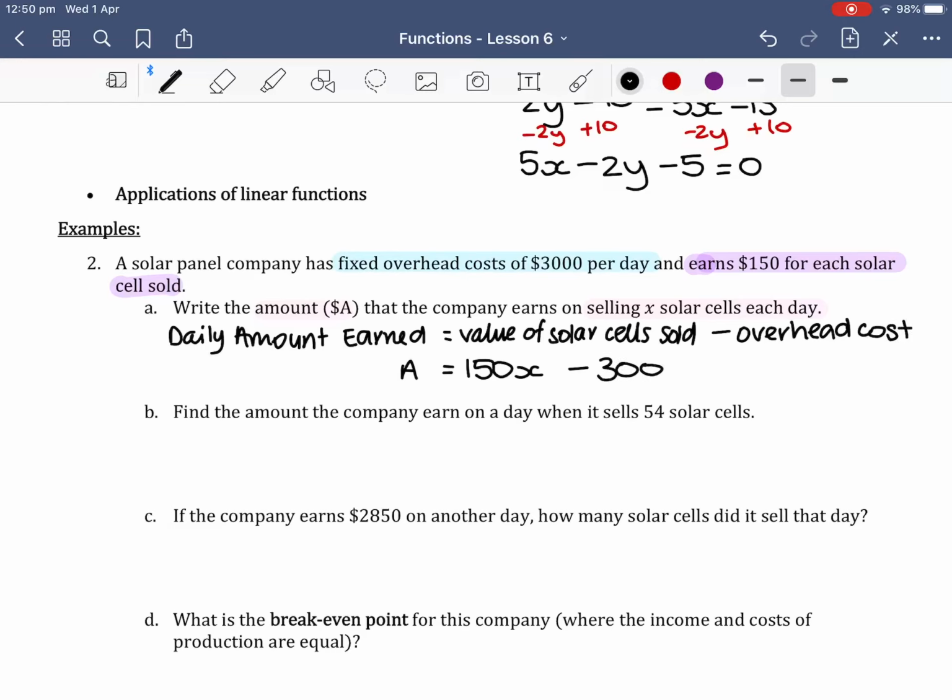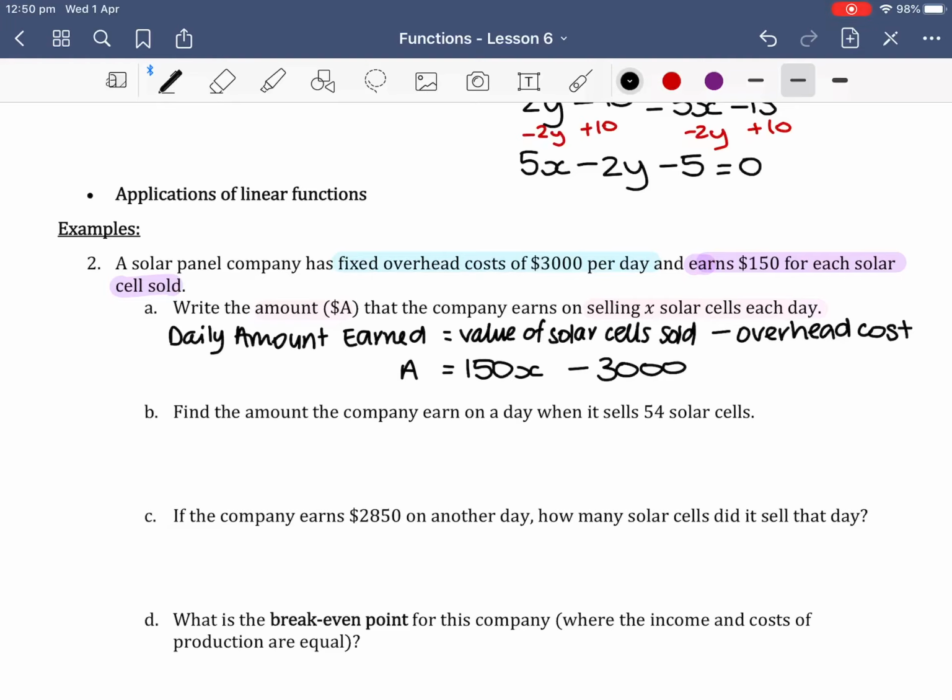So each day it costs $3,000. And that is the amount that the company earns on selling X solar cells each day. So for every cell sold, they earn $150, so X times $150, but we have to subtract the overhead costs that they have to pay for using the company.